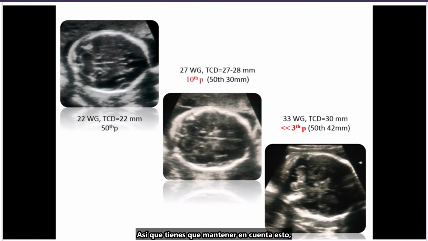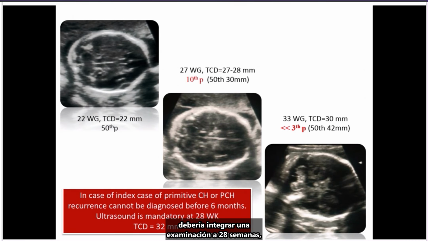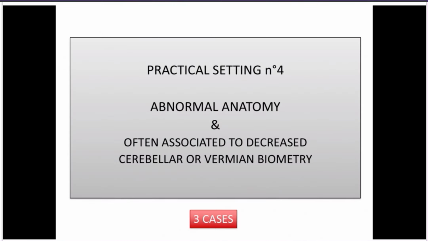So you have to keep in mind that if you have hypoplasia, the follow-up for the next pregnancy should integrate a scan at 28 weeks just to be sure that the TCD is 32 at 28 weeks of pregnancy.